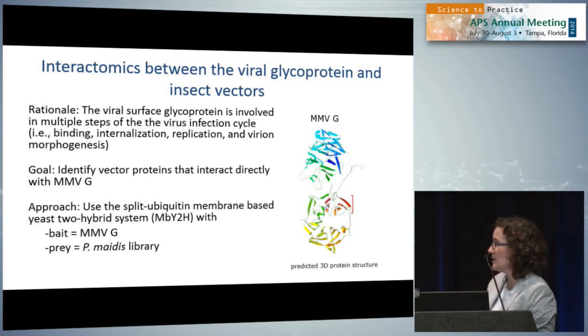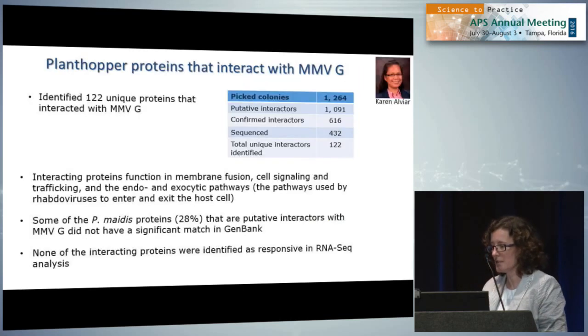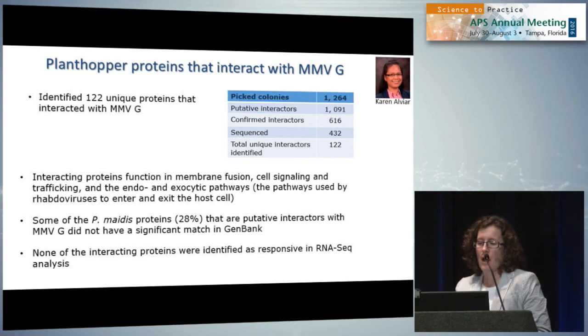Our bait is the G protein, and our prey is a cDNA library from all the different stages of Peregrinus maidis, for which we isolated equal amounts of RNA and combined them to make the cDNA library.